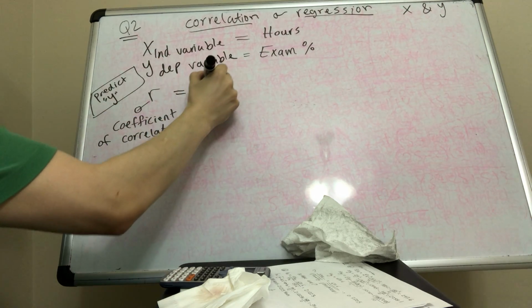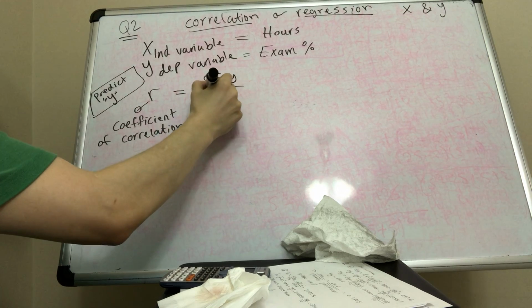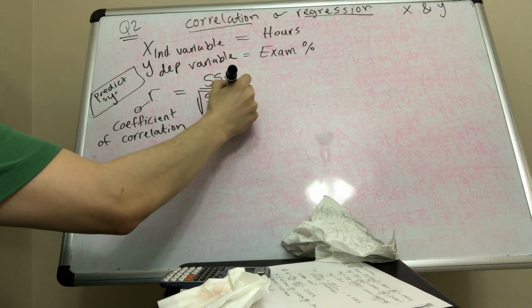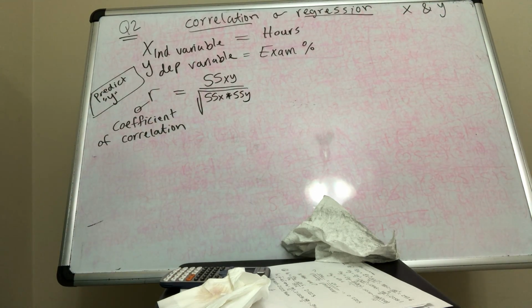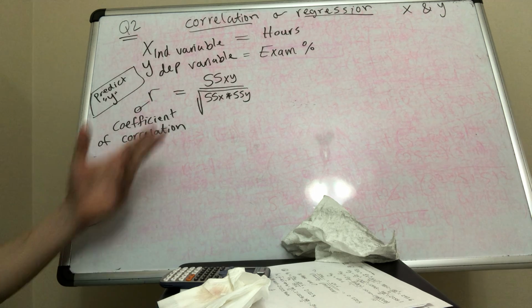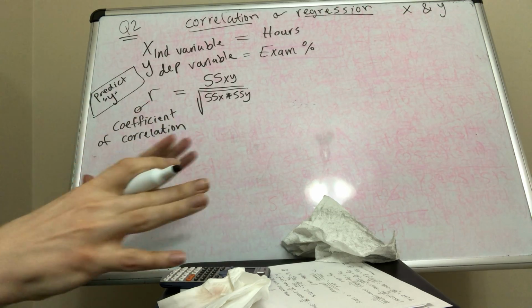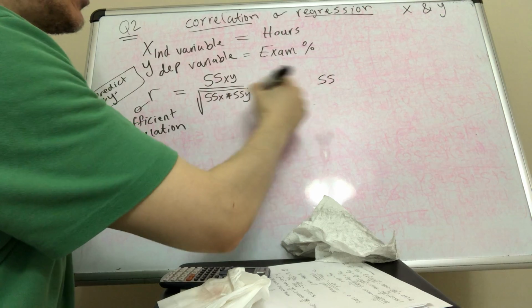And you'll see the formula for this is SSXY over the square root of SSX times SSY. We don't have any of the SS's, we need to calculate them. In that same section, you'll see the formula for all these.